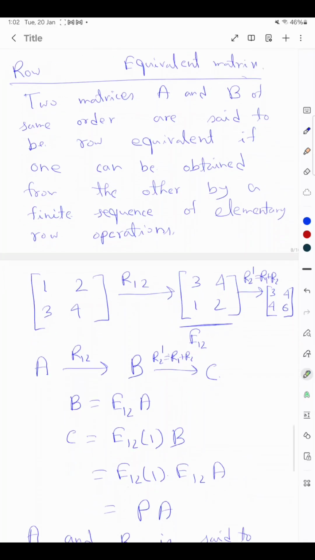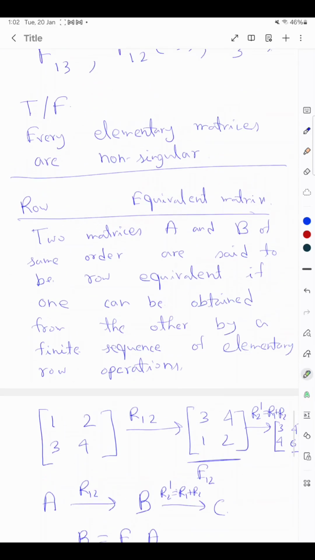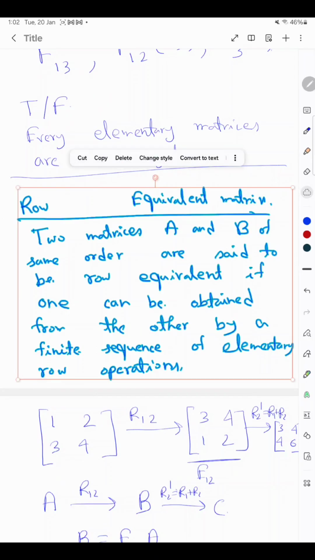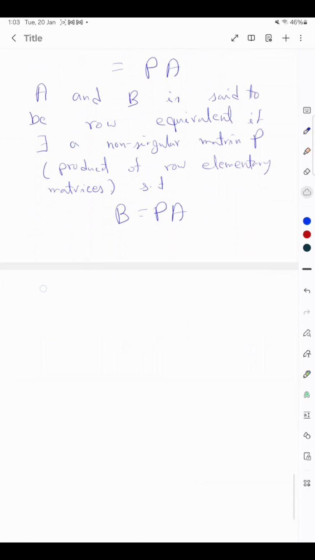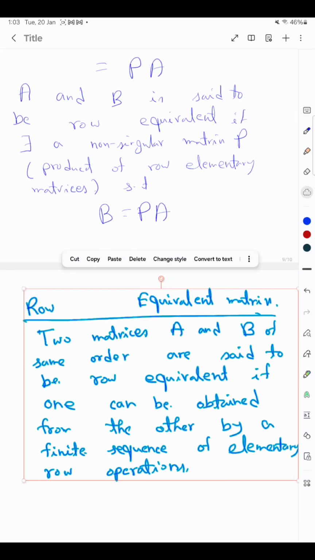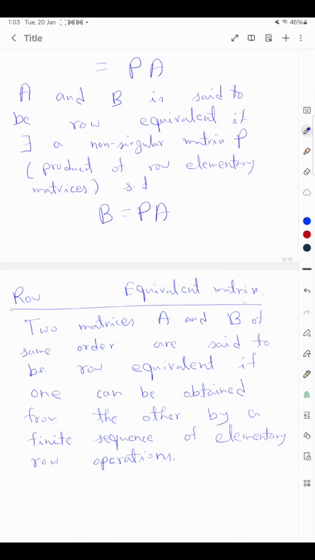Okay, now similarly if you do it for columns, what will change? I am just copying this. Not so much change, just a simple change.